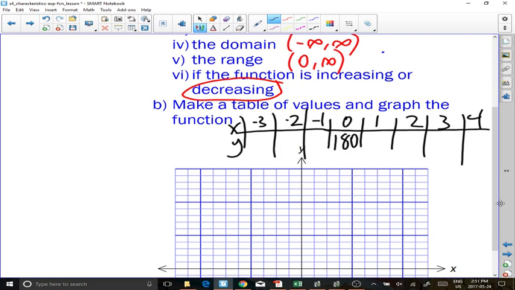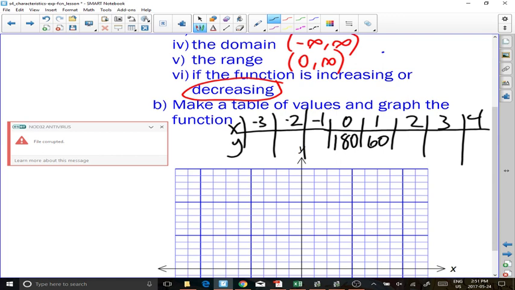If I have $180 and I want to divide it among the 3 of you students, how much is everyone getting? A third, not 2/3. Yes, everyone's getting 60.